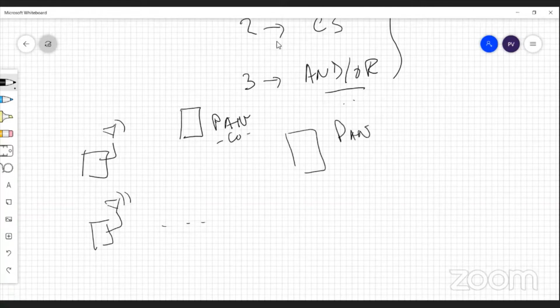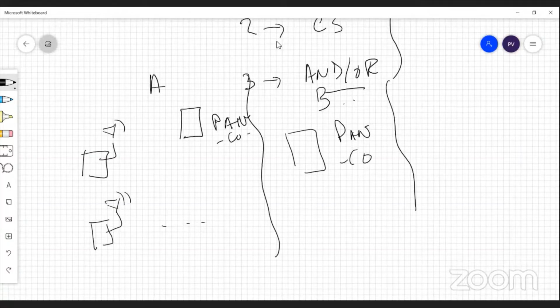Maybe it's co-located, no problem, provided the frequency is set such that, call this A and call this B network, A and B are frequency separated. Then you can configure and co-locate both these systems together. This is one way of doing it.